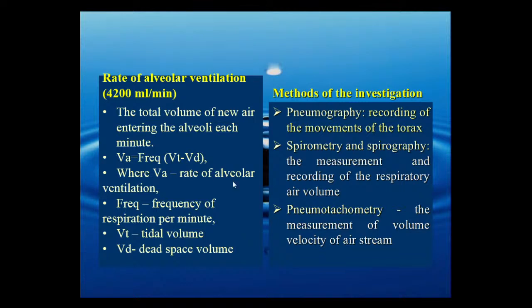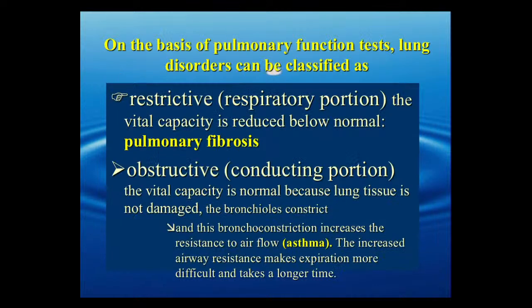And pneumotachometry gives us information about the functional state of the conducting portion of the respiratory system, because it's a measurement of the volume velocity of the air stream along the conducting portion. If we have constriction of this portion and the respiratory ducts, the volume velocity will be different, and we can estimate disorders of functioning of this portion.